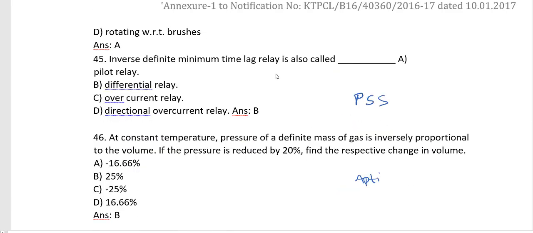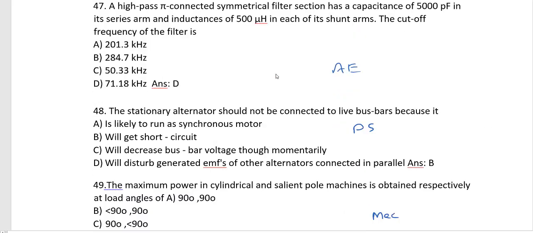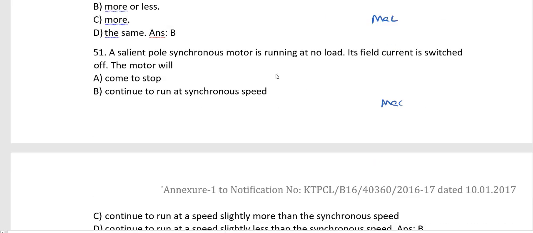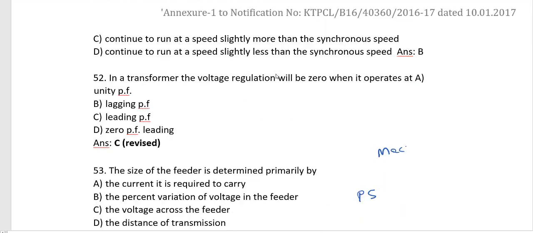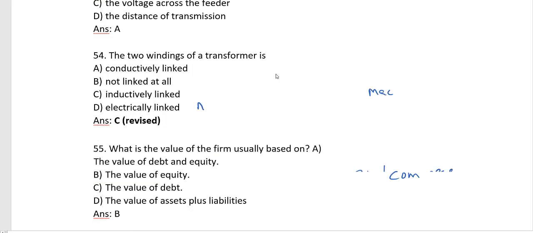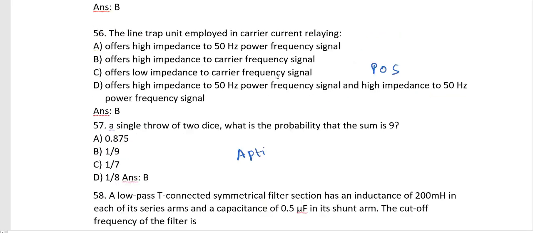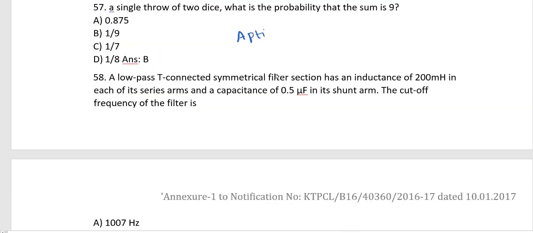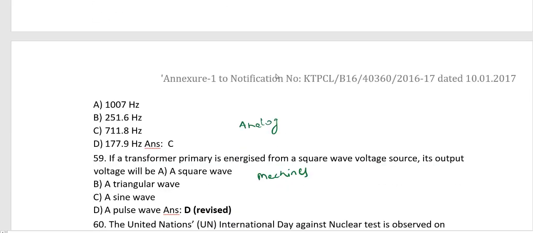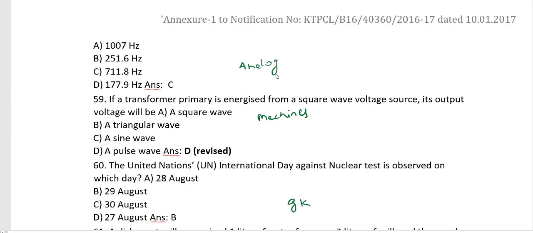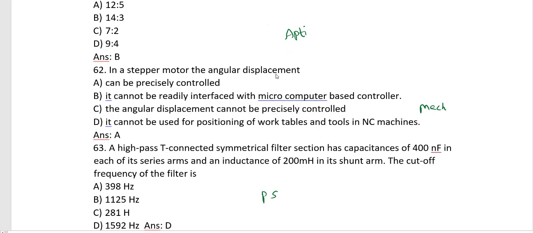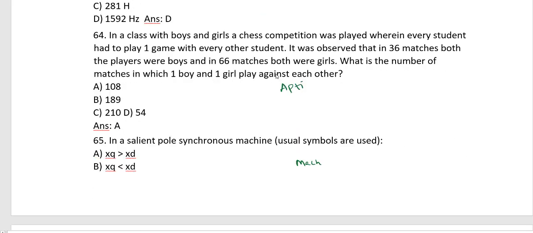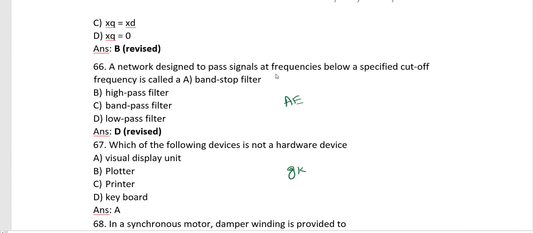So if we had studied only machines for this paper, we could have got more marks. Maybe this is an exception kind of paper, because every time we won't see this type of paper. Every time KPTCL will choose different things.